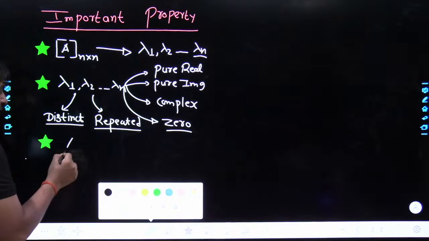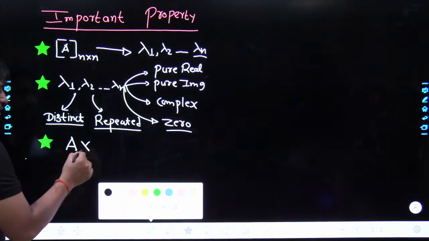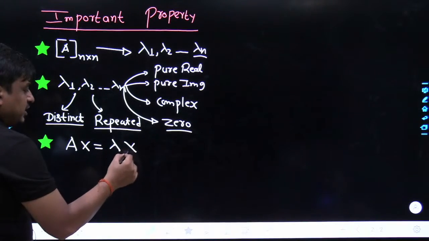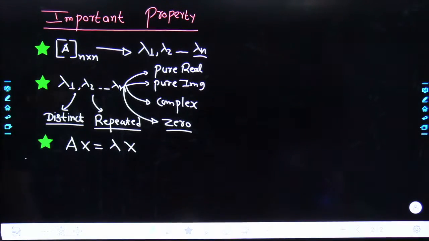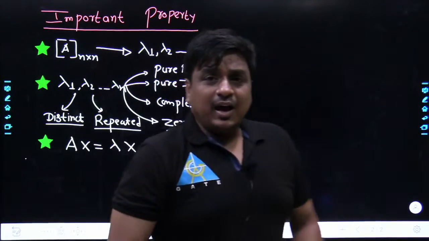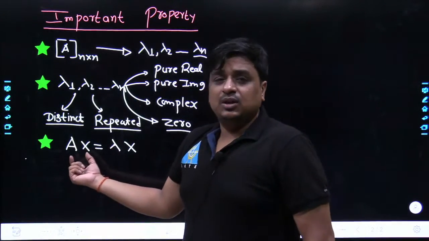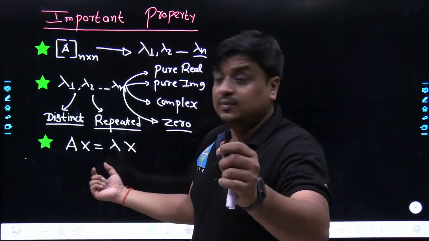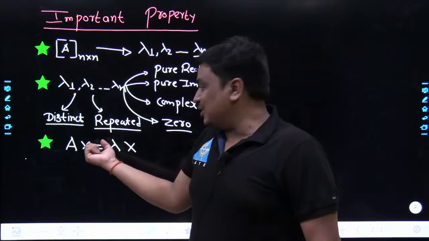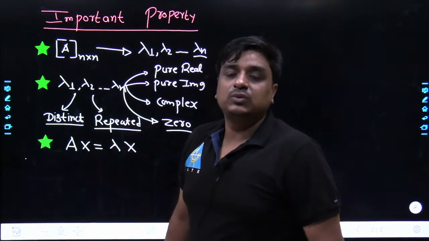The basic concept behind the eigenvector was that matrix to matrix multiplication equals constant to matrix multiplication. Now I am changing my matrix. Initially, we had a matrix A, and for matrix A, we have an eigenvector x corresponding to the eigenvalue lambda.